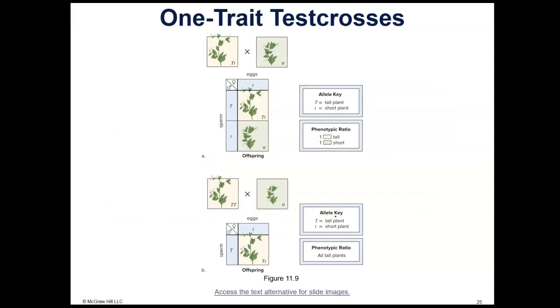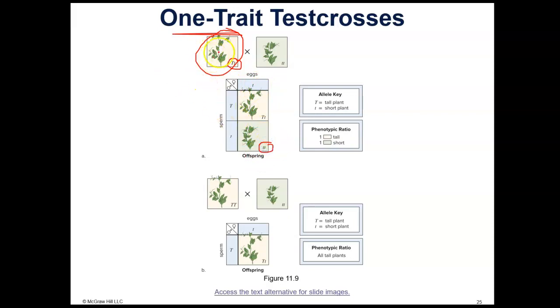So here's an example of a test cross. We're crossing a plant that is tall, and if the plant is tall and is a carrier, if the plant is tall and is heterozygous, carries the little t allele, then some of the offspring are going to be short.